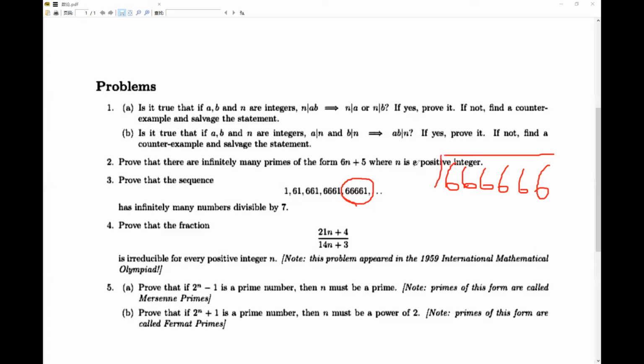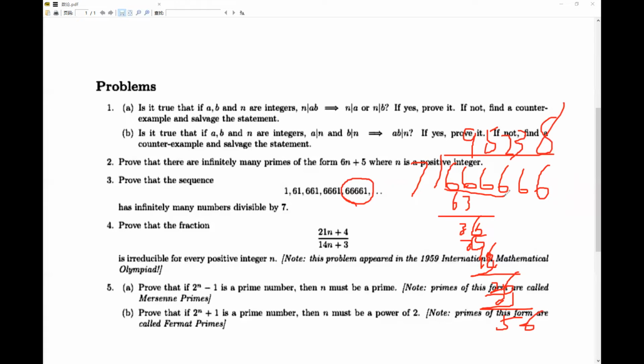So this one can be divisible by 7. 7, 9, okay, 5, 25, 16, 2, 26, 21, 56. Yes. So while we have 6 of the 6, it's divisible by 7.